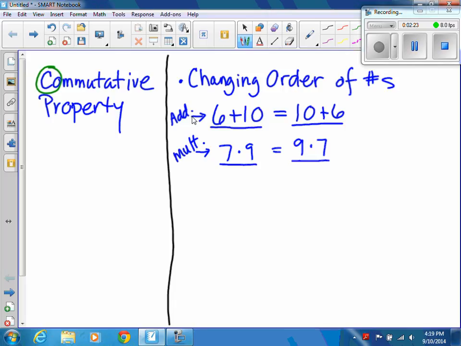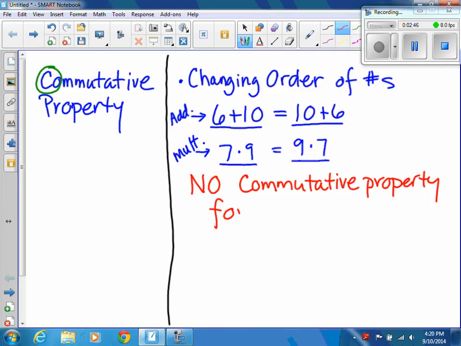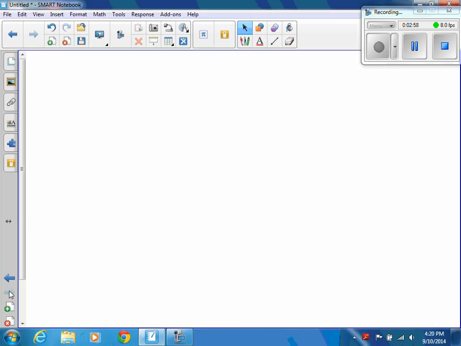There is no commutative property for division or for subtraction. So again, those properties are not commutative properties. Our next property we have is associative property.